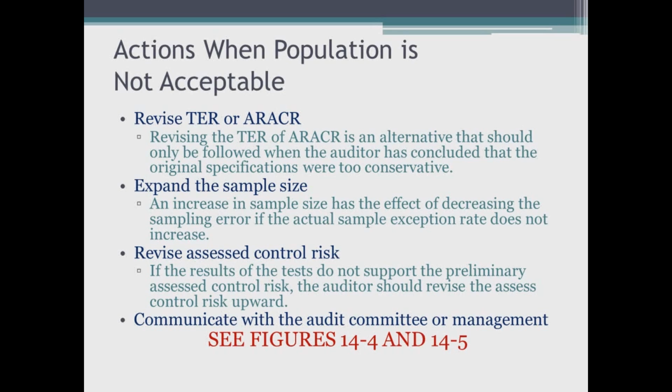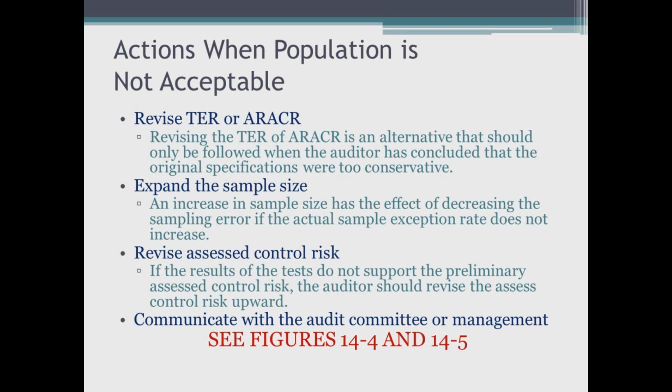It isn't an alternative, but it should only be followed when the auditor determines that perhaps they were too conservative, or maybe they didn't have a good understanding of it. They can also expand their sample size and increase their testing because that has the effect of decreasing your sampling error if your sample exception rate does not increase. Or you could revise, as an auditor, the assessed control risk.